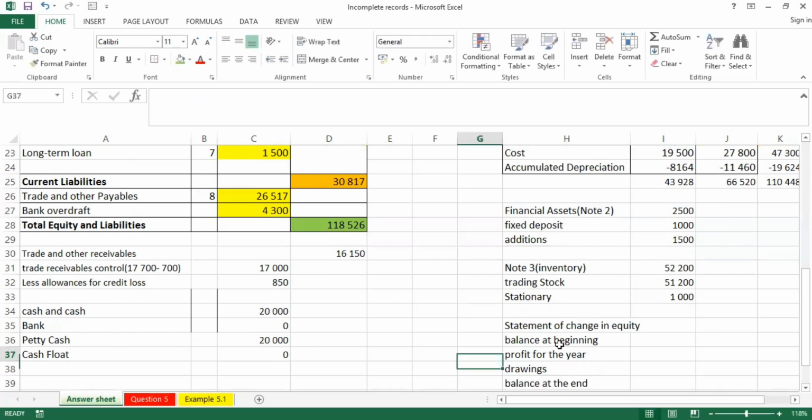We add our profit and then we minus our drawings.